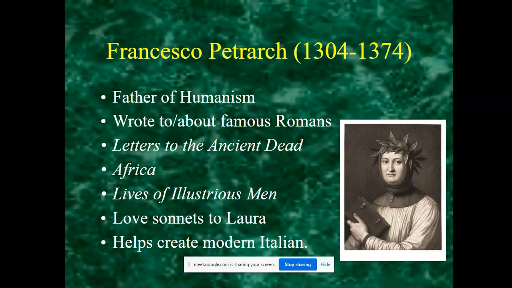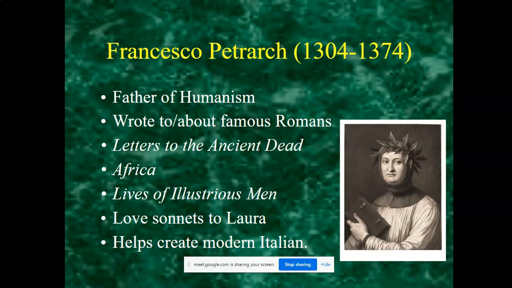And what he does, and it seems a little bit odd, is he writes to and about deceased Romans. He luckily doesn't expect an answer from them, but he's writing about them. He writes, for example, letters to the ancient dead, in which he's writing these famous Romans and basically telling them how great he thinks they are, so that other people will realize how great the Romans were.